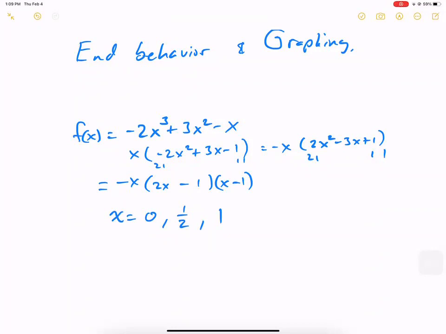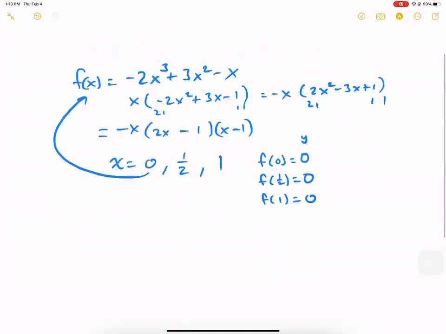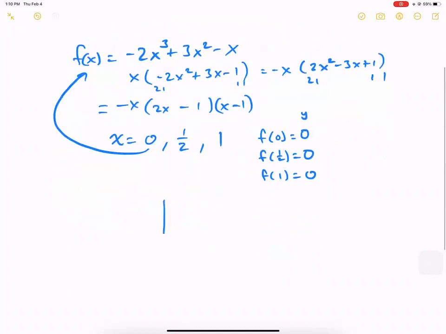Now, what do we do with these zeros? Well, here is the idea. At f of 0, if I plug in x as 0, my y value is 0. At f of 1/2, my y value is 0. At f of 1, my y value is 0. Now, if I'm graphing this from left, let's plug in the numbers.